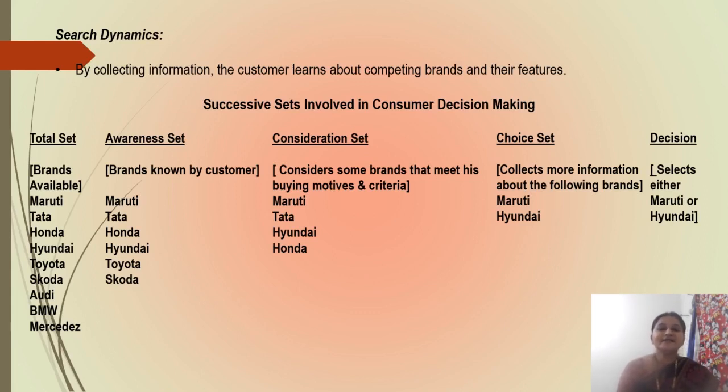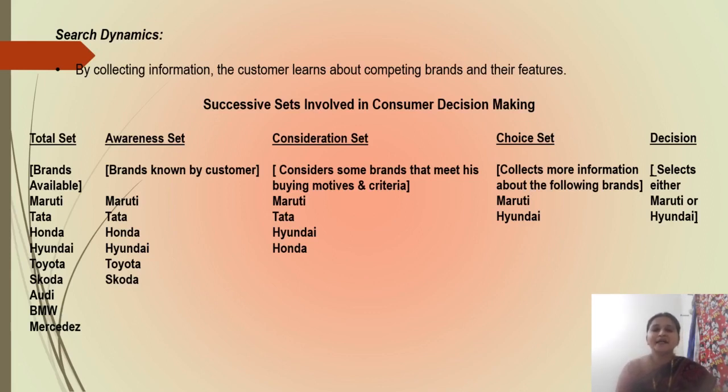The awareness set consists of brands known by customers. Suppose I am the customer, in this set I will place only the brands which I know. So the brands known by that particular individual or group are placed in this awareness set. That is, he knows Maruti, Tata, Honda, Hyundai, Toyota, and Skoda.